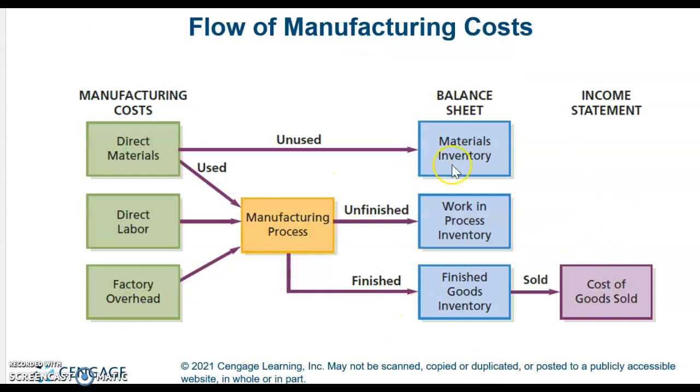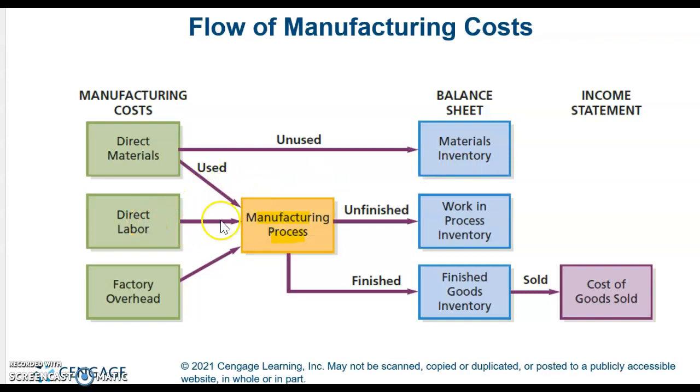Okay, so here is a visual of the flow of manufacturing costs. So direct materials, once they're used, they're going to be down here in the manufacturing process. If they're unused, they're going to stay in the materials inventory. So if they're unused, they're going to sit on the balance sheet in inventory.